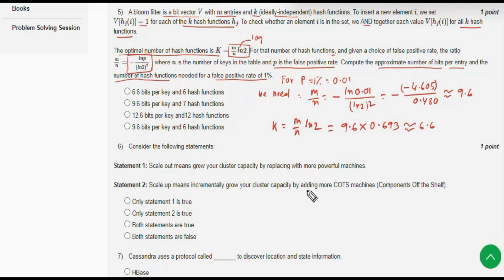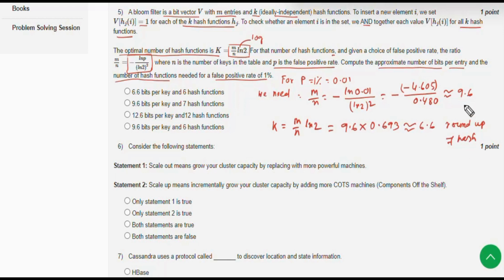But we cannot use 0.6 hash function, so we have to round up to 7 hash functions. So 7 hash functions are needed for a false positive rate of 1%.